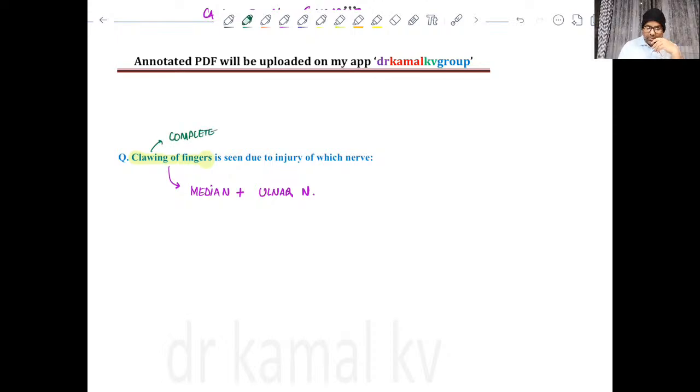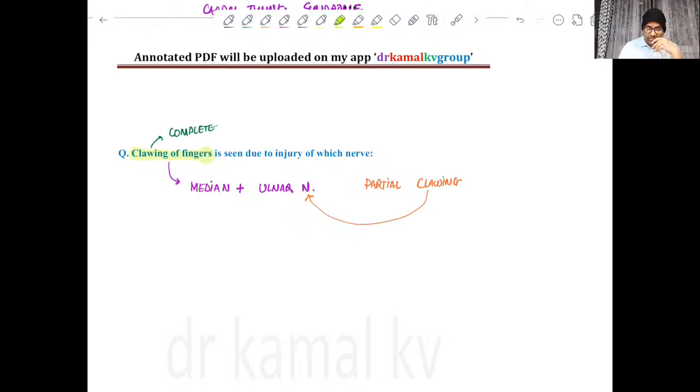If the question was about partial clawing, then obviously you can go for ulnar nerve. I am not very sure about the exact statement of the question. If it is complete, go with both the nerves. If it is partial, choose only ulnar nerve. Partial means there is clawing of the fourth and the fifth finger.